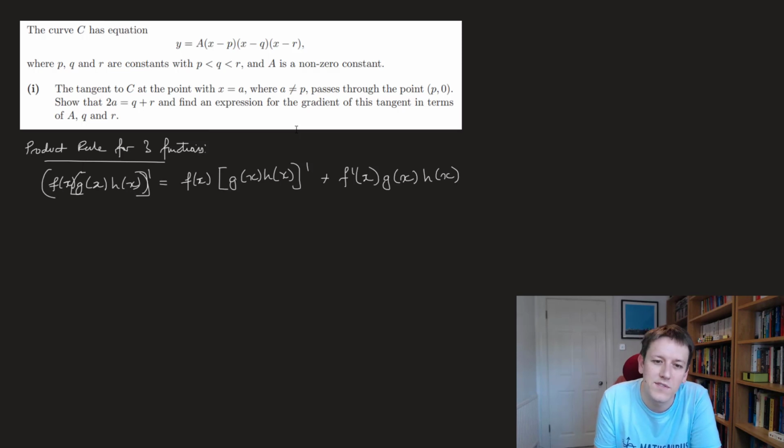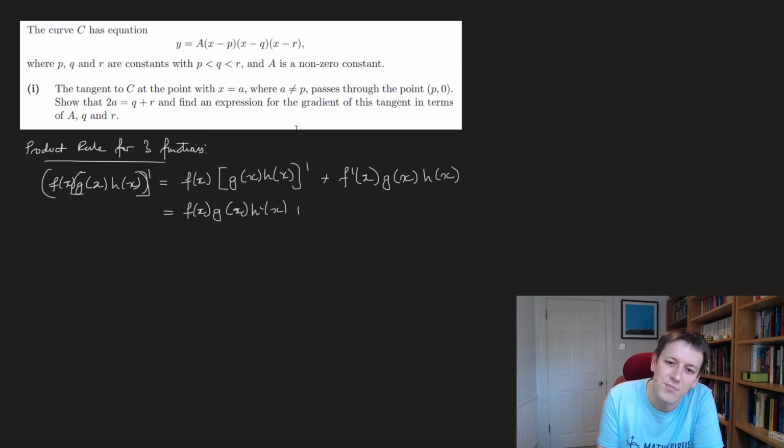I don't need to do any more work on this function. Just apply the product rule again here, and we get f of x times g of x h primed of x plus f of x times g primed of x h of x plus f primed of x g of x h of x then.